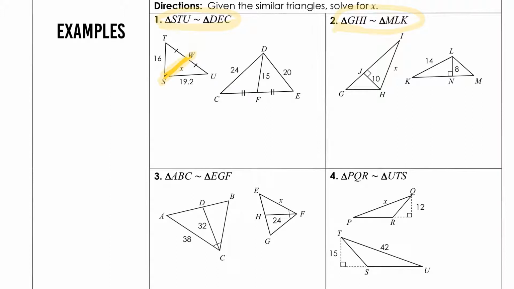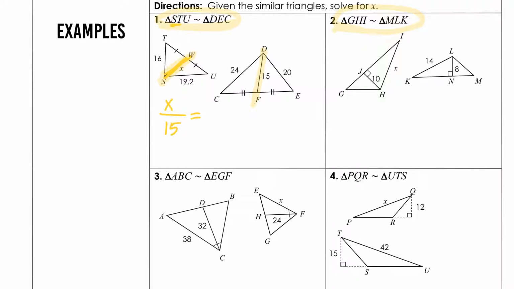We have that segment of SW and this segment here of DF. We have the two medians, so we're going to match those. So let's say SW would be x, DF is 15, and we're going to match that to corresponding parts.